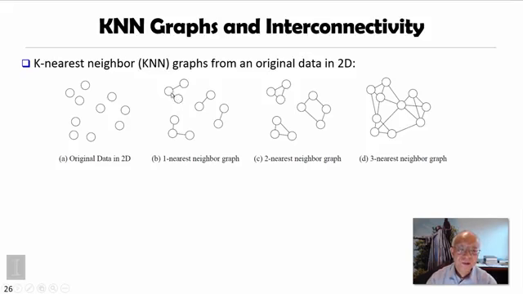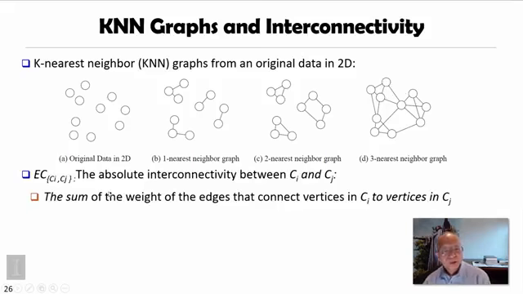For example, this one's closest neighbor could be here, this one's closest neighbor could be here. Then you construct a subgraph based on these. You get a one-NN, one nearest neighbor graph. For the two nearest neighbor graph, for each point you look at their top two nearest neighbors and construct a graph like this. For the three nearest neighbor graph, for each point you look at their top three nearest neighbors, then you construct a graph like this.